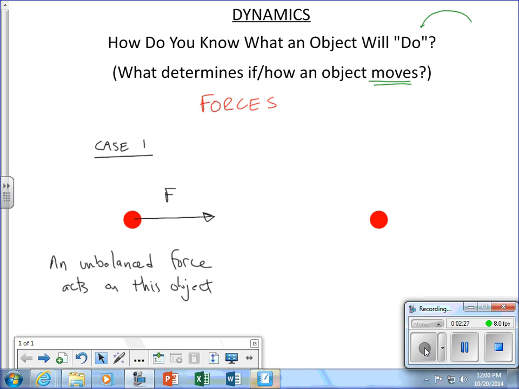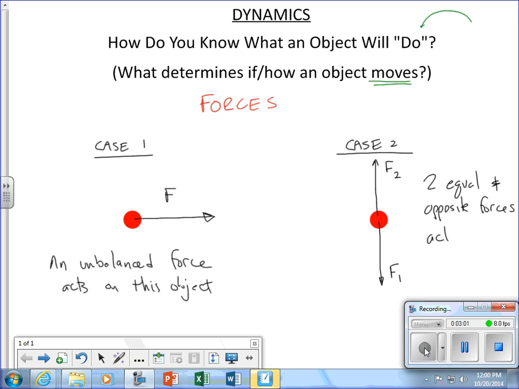As opposed to a case like this, where, let's call this case 2, we could have a force like this, F1, and a force like this, F2. In this case, I would say two equal and opposite forces act on this object.